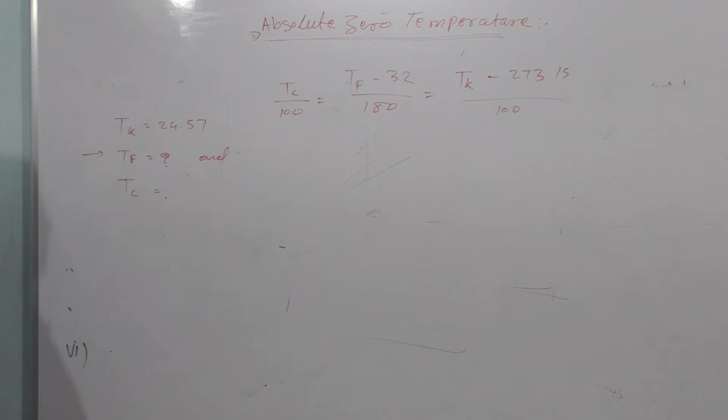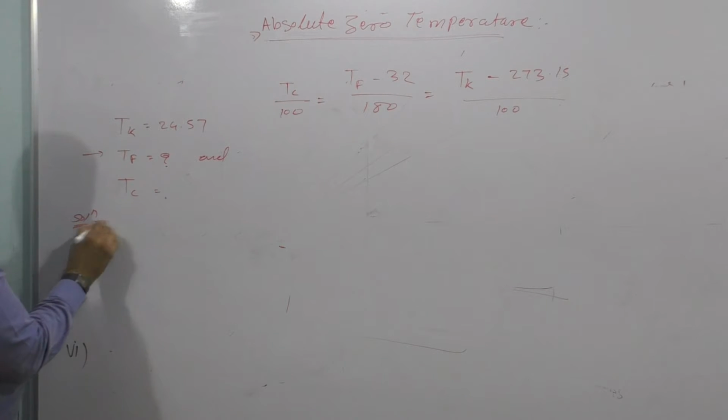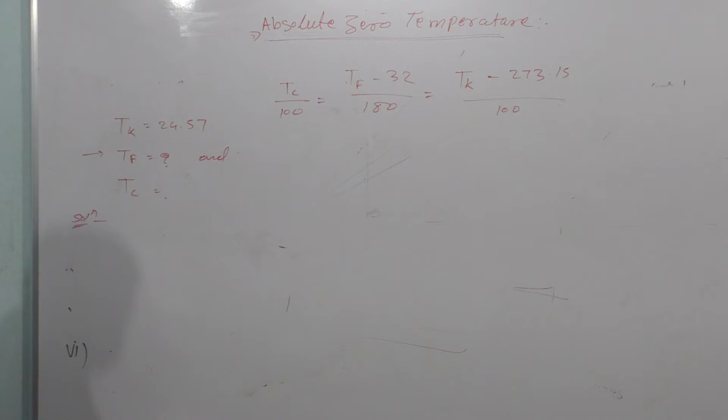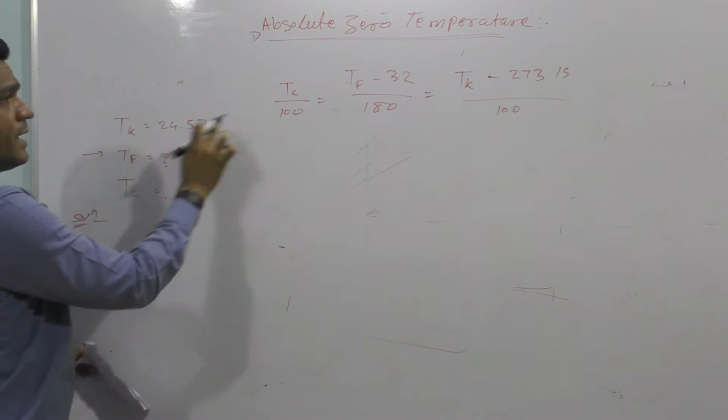Okay, so just use this formula and find out. So the solution is here. Tc means temperature in Celsius. I put the value of this Tk in this equation.